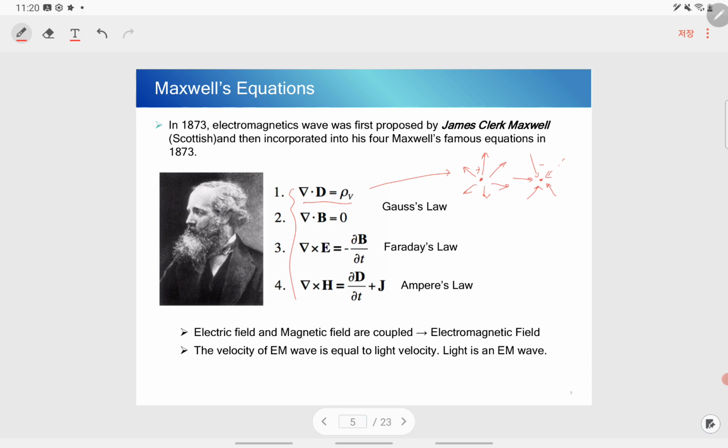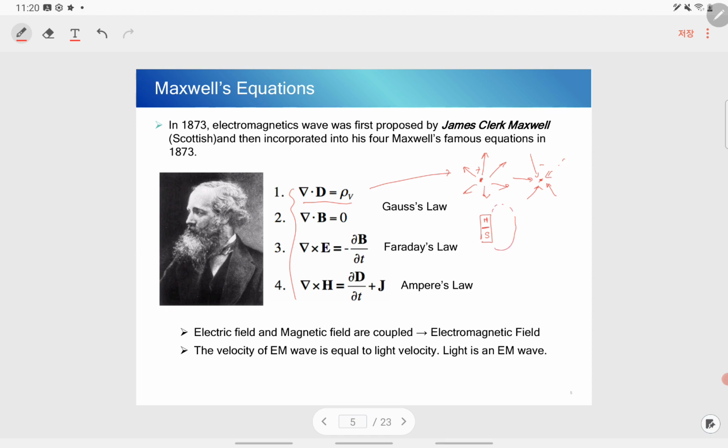About the second law, divergence of B is 0, which means we don't have separate plus and minus magnetic charges. If we think about a magnet, a magnet always has N and S at the same time.